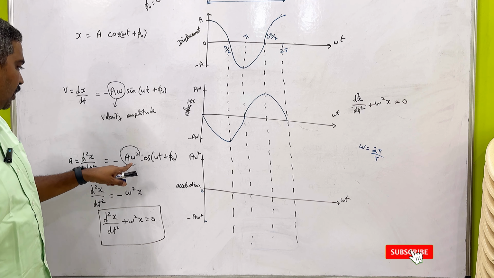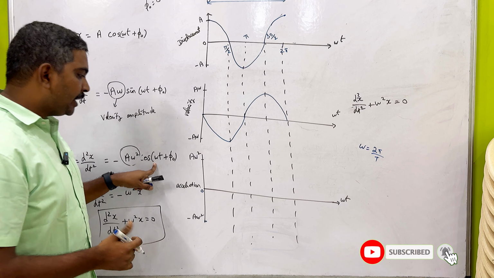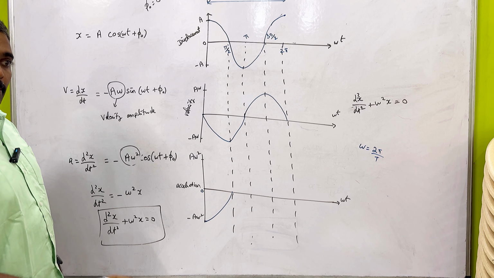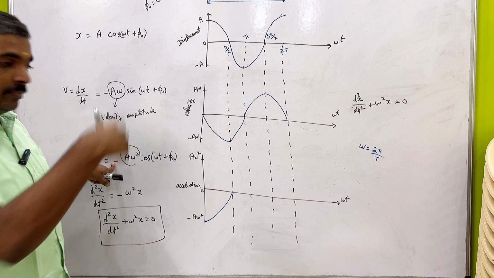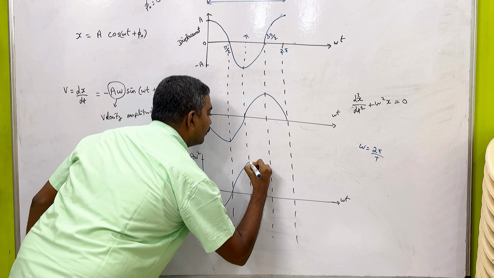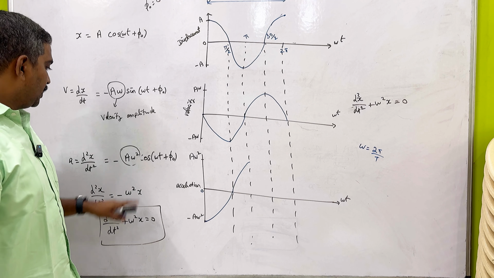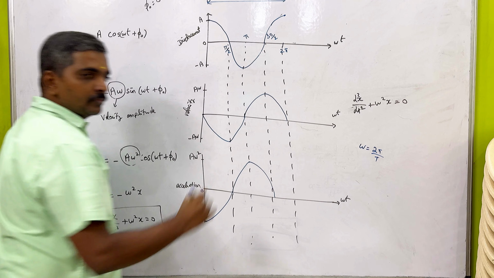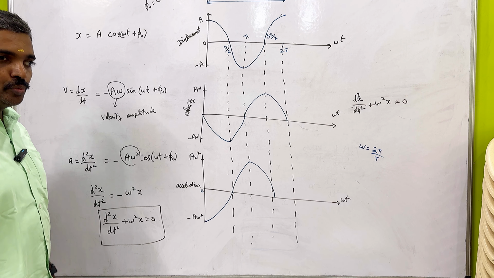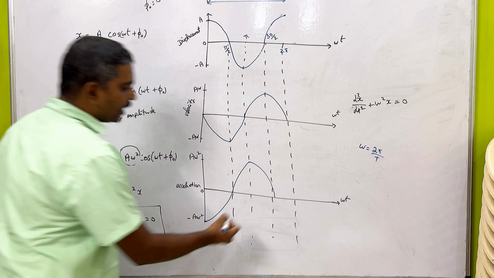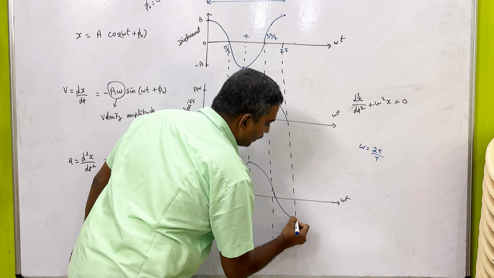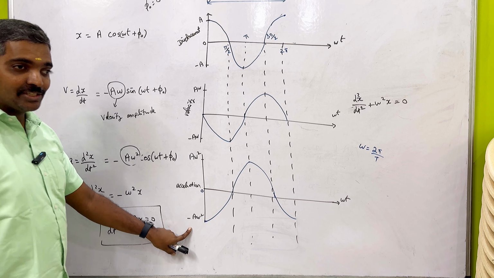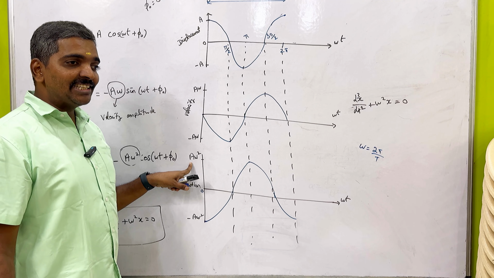Cos 90 is 0. Cos 180 is minus 1, minus of minus becomes plus, so you're moving from here to here. Cos 270 is 0. Next, cos 2 pi is plus 1 again. This is your maximum acceleration, negative maxima, and this is your positive maxima.